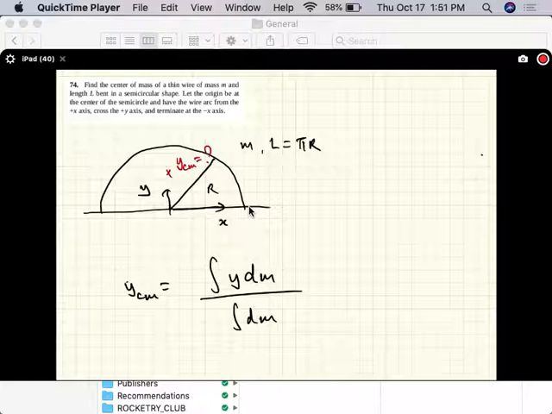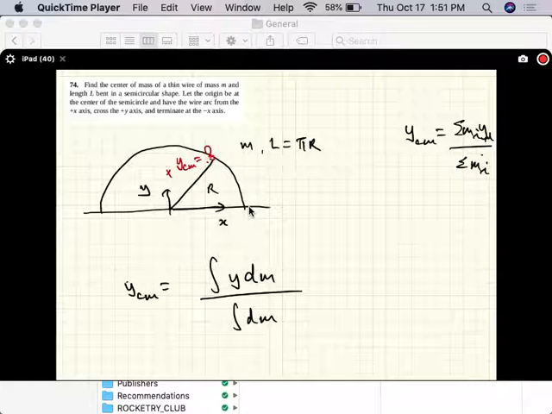What this integral is saying is, so let me write down the other expression. Y center of mass is the sum of m_i y_i over the sum of m_i. So this formula says you take the y coordinate of each piece, add up all of that, and divide it by the total mass.